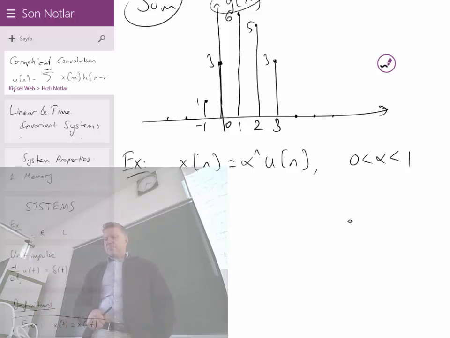Okay. U of n forces this series to start from 0, and it goes to the right hand side, because u of n is all ones for positive n, and it is 0 before 0. If you try to plot this, just as an illustration, how would you plot that?